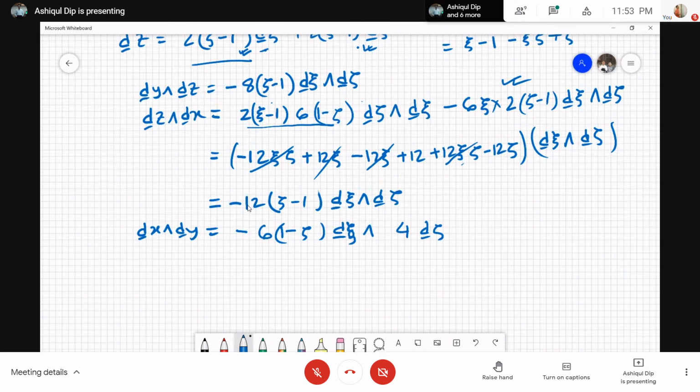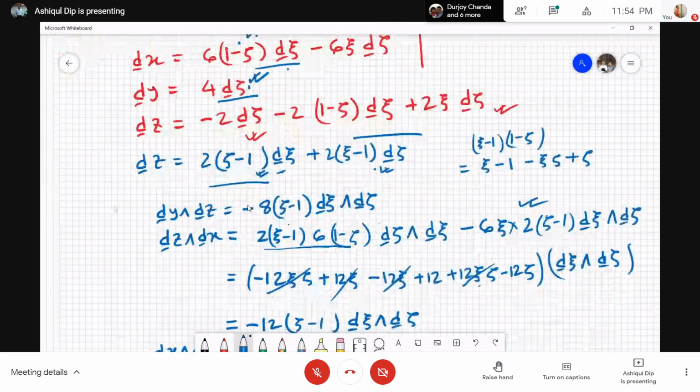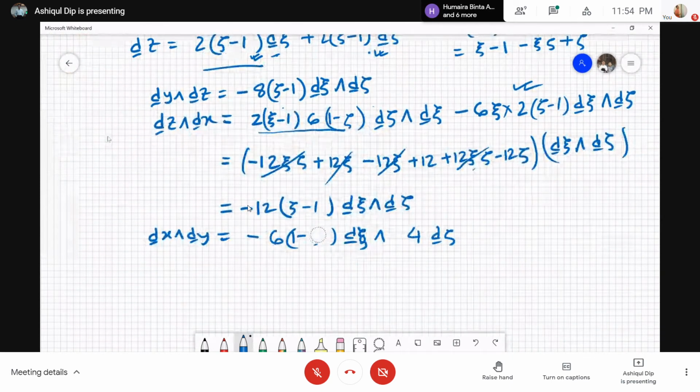So it becomes 1 minus zeta, or rather zeta minus 1. It should be zeta minus 1, I had taken a minus sign. So zeta minus 1, that's what I wanted to write. Actually, it's the bad way I have written it, because every term has a minus sign. Okay, so it becomes 24, right?